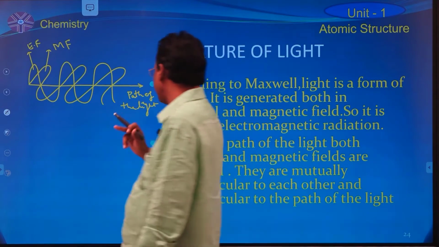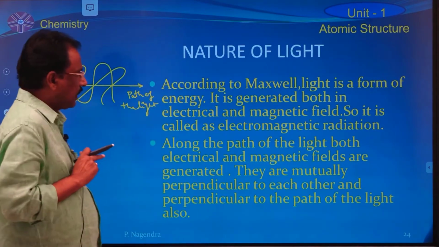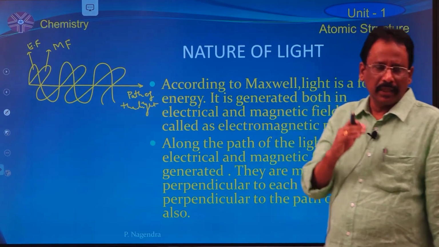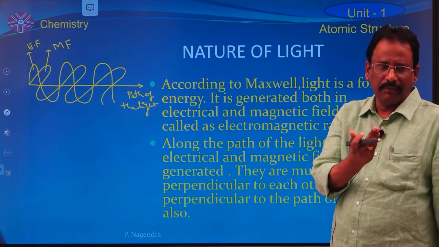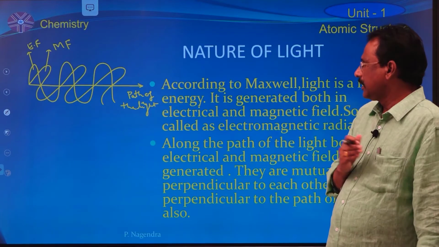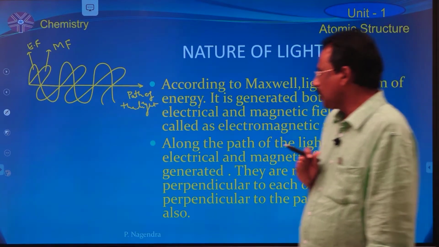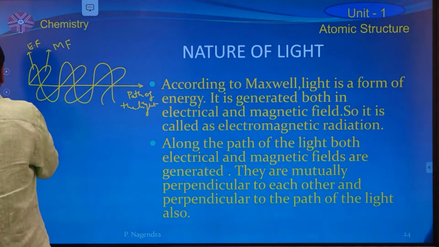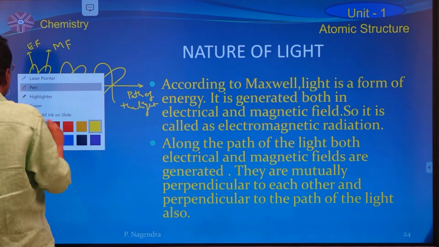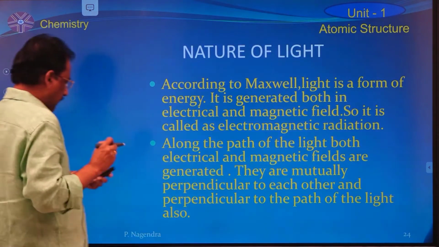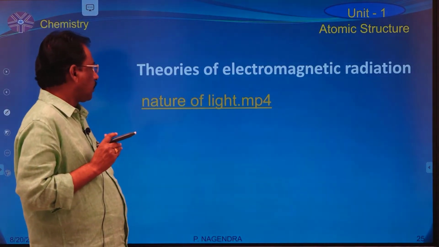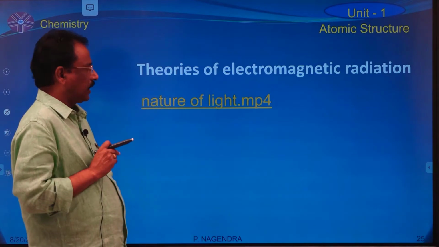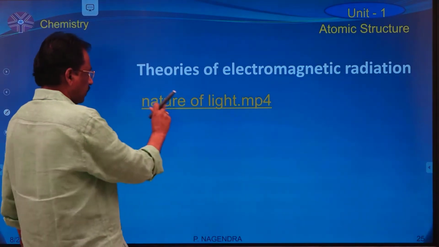So according to Maxwell's electromagnetic theory of radiation, light is generated in both the electrical field and the magnetic field. Now, this is about the theories of electromagnetic radiation.